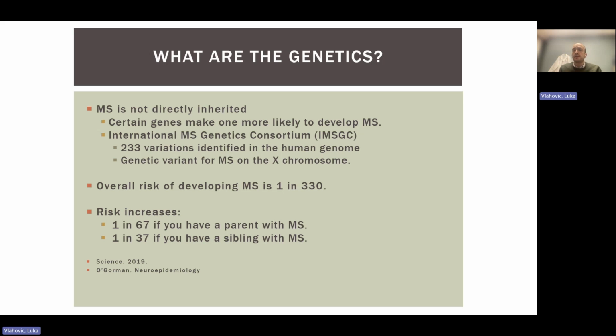Also, some data showed that in monozygotic twins, people with identical genetic material, if one sibling has MS, the chance that the other one will is about 25%. So, as I previously mentioned, there is definitely some genetic component, but it still seems that environmental factors are very important in terms of who will ultimately develop the disease.